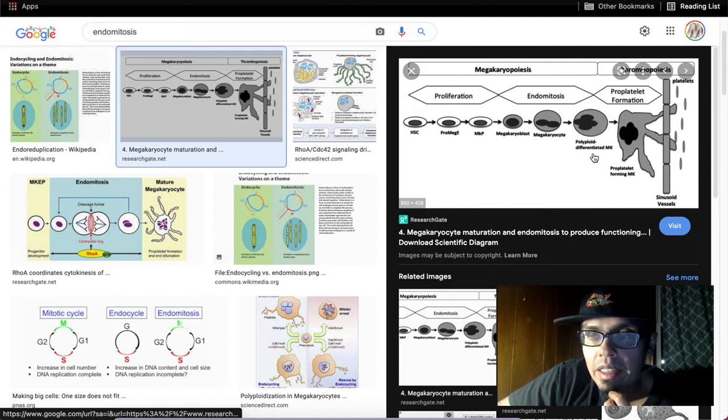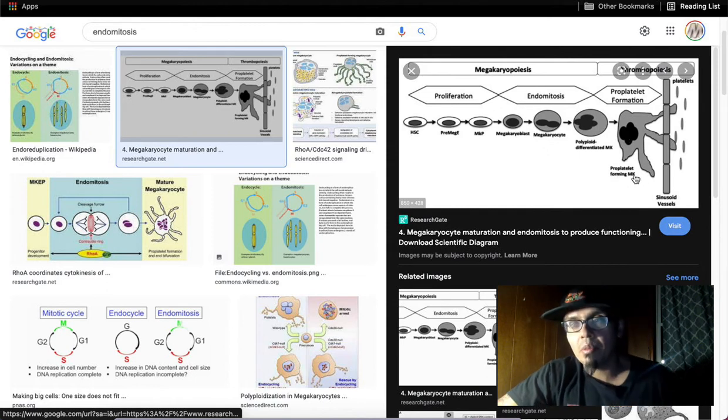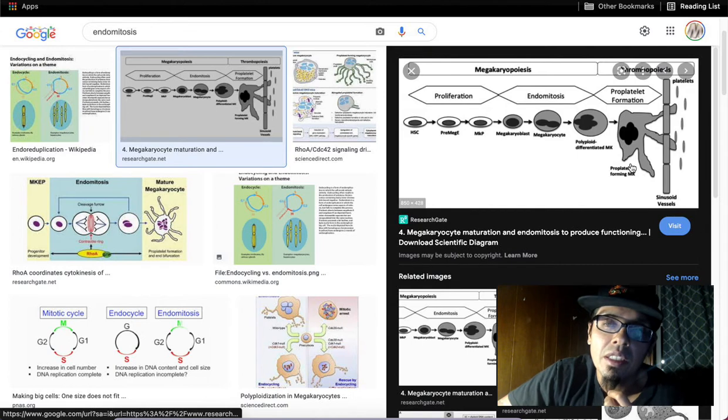But it wouldn't be considered multinucleated. It's just a very large nucleus, and then essentially the megakaryocyte becomes huge. It has granules, and this intermediate stage is called a platelet forming megakaryocyte.